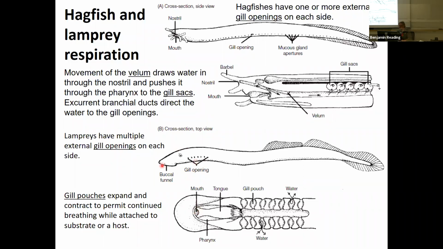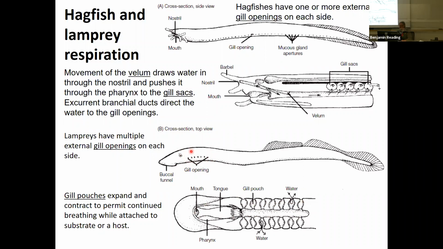So the mouth actually doesn't even connect really to this pharynx of the lamprey. The lamprey have these openings on the side, and each one of these openings then is associated with a gill pouch. And these pouches are muscular, and they literally will pump water in and then pump water out. Pump water in, pump water out. So these things actually can just breathe.